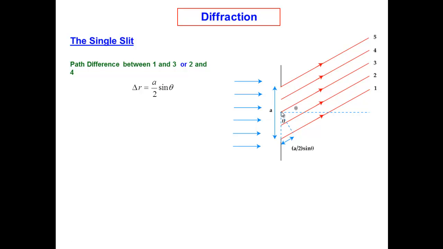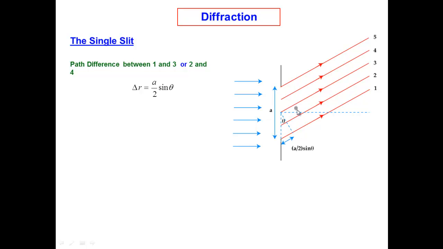So let's look at the path difference between the waves that travel path 1 and 3. The waves that start at the very bottom of the slit, at the bottom of the bottom half, and then path 3 that start at the bottom of the top half. And those two waves have a path difference that you can see here is given by a over 2 sine theta, because a over 2 is half the aperture, which happens to be the hypotenuse of this triangle.